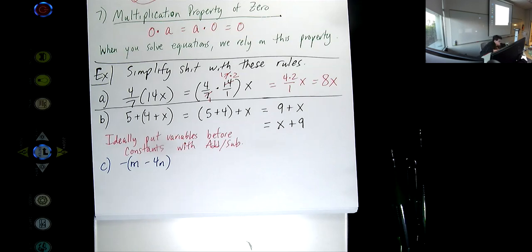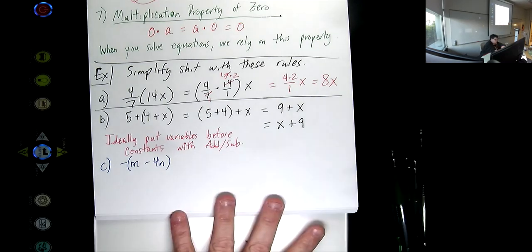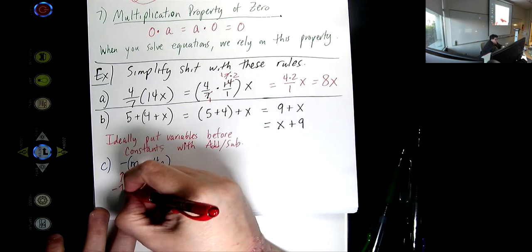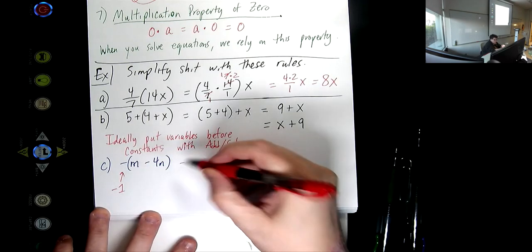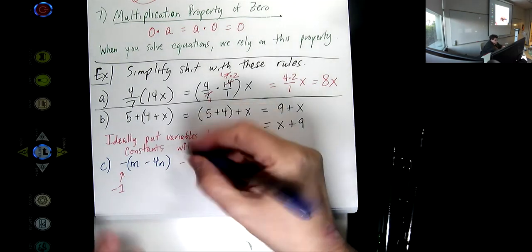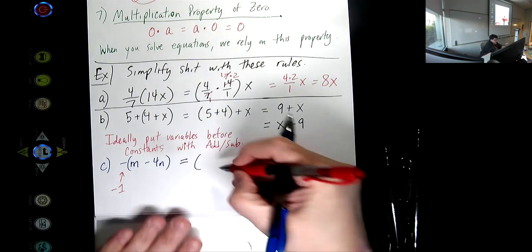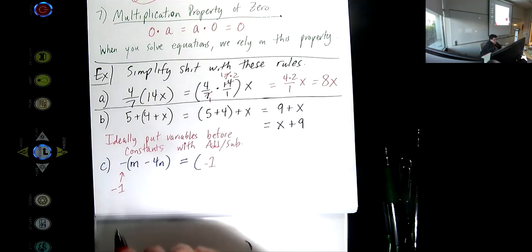So here, I can distribute the negative sign in. This is almost like a -1 out front. That's kind of like a -1. So when I distribute it in, I've got -1 times m.